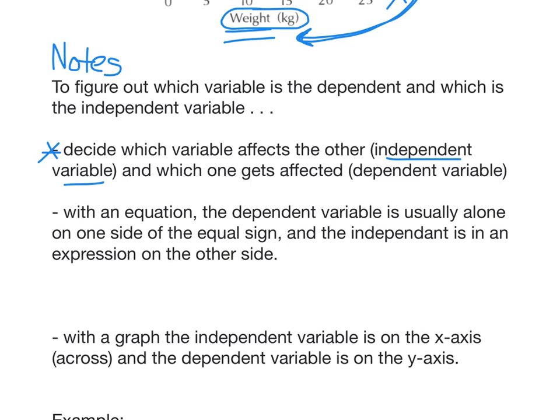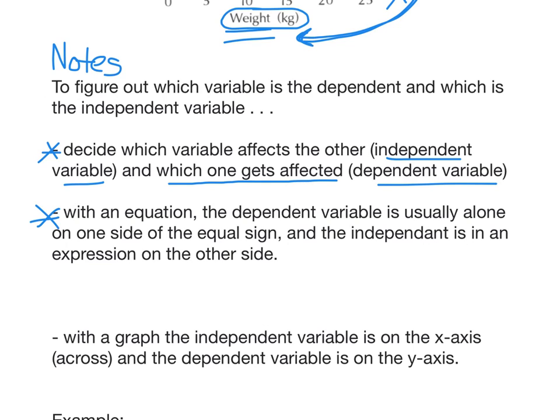The independent variable is the one that affects the other. And decide which one gets affected. That's the dependent variable. So which one is changing the other one? Okay? The one that does the changing is the independent. The one that gets changed is the dependent.